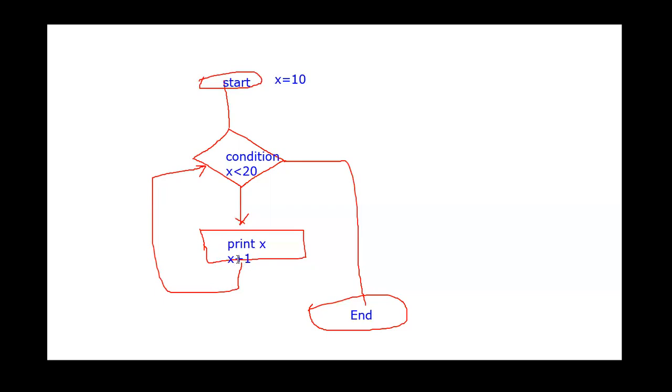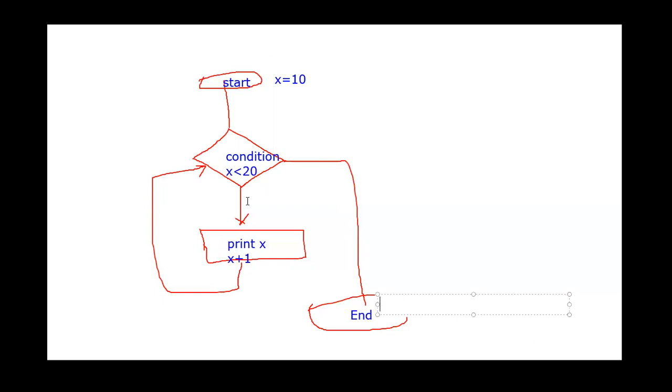It will continue till the x value is 19. If it is 20, then it will exit from this condition block, and it will go to this end.